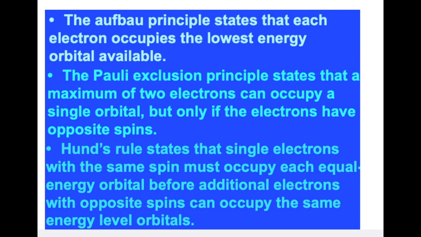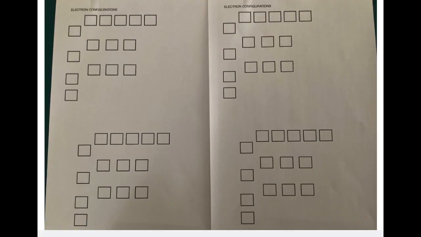And now I would like you to try to write some electron configurations on your own. To help you with this, I've provided here on the Jamboard a template for you. You're free to copy this. I'll put a copy of this template also on Google Chat so you can use it. And I would like you to do the following elements.